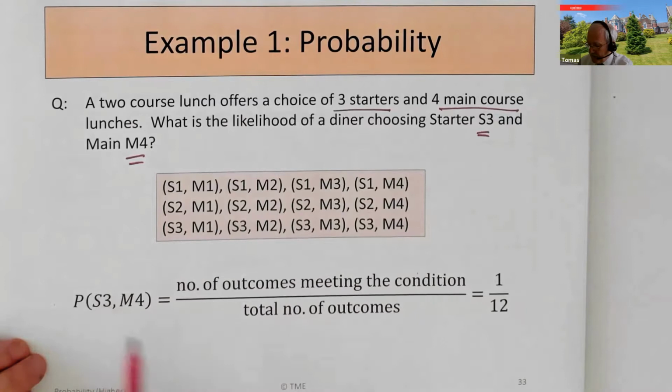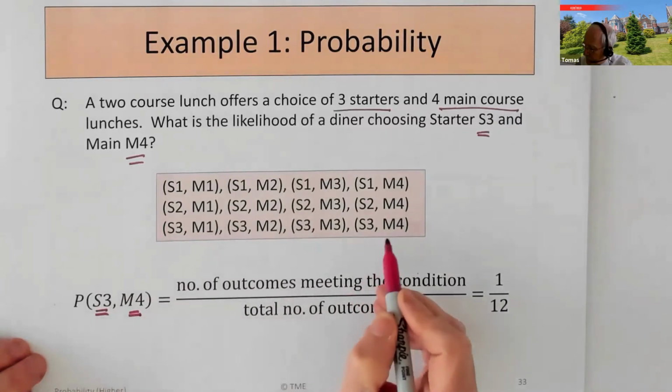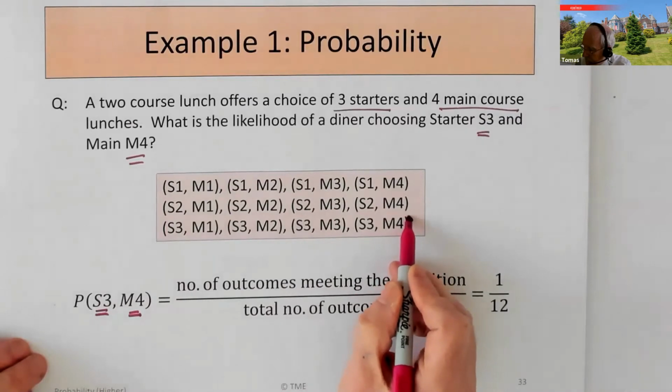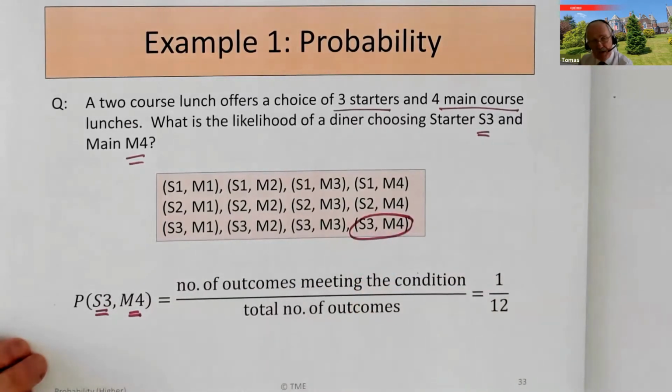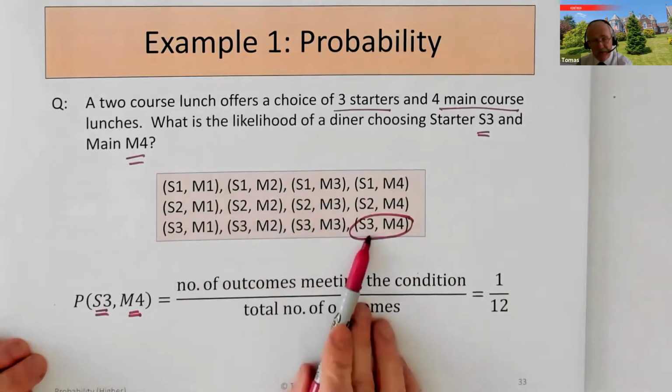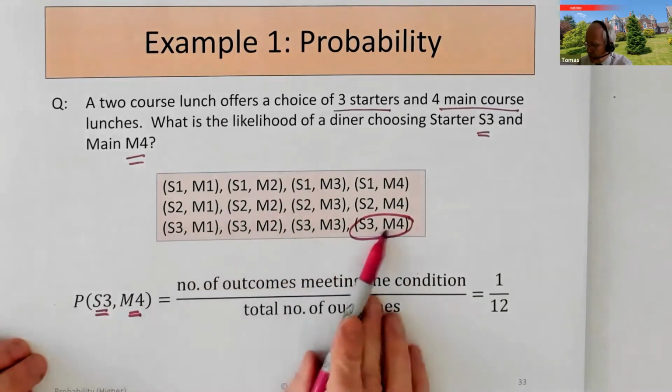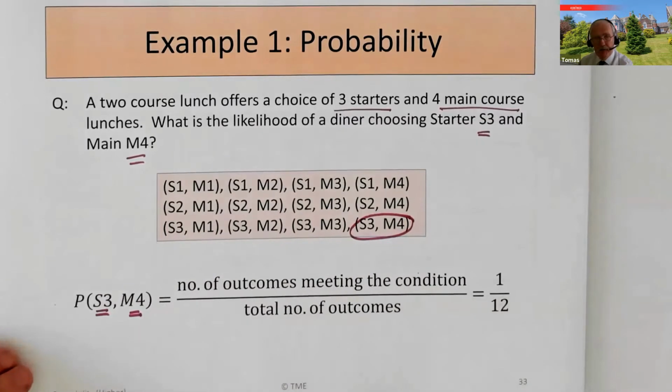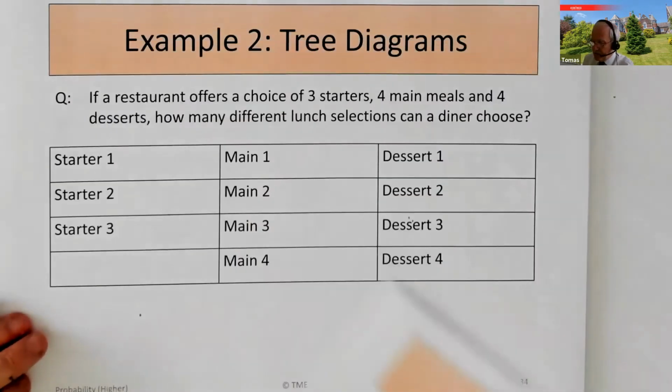So we're looking for the probability that it's starter 3 and main 4. I don't think that's in any other place there. And there's 12 in total, 4 by 3, and there's only one that meets it. And that's how we would do it, by drawing them out like that.